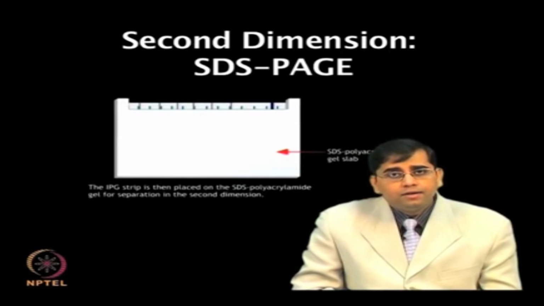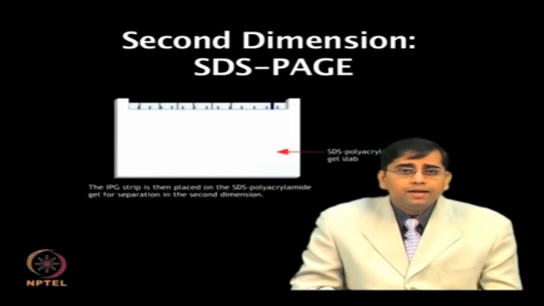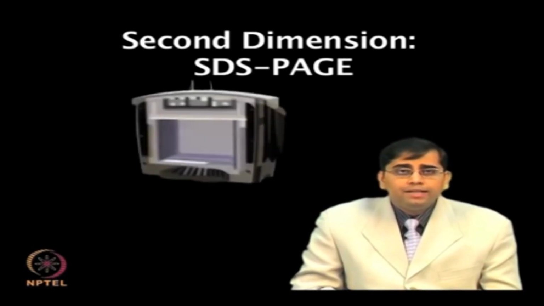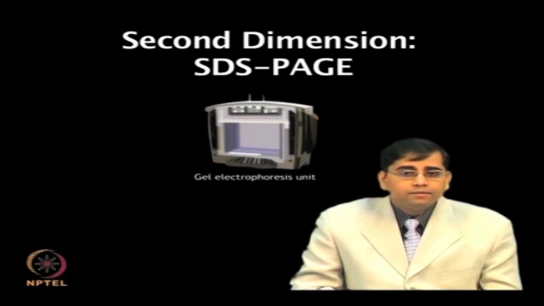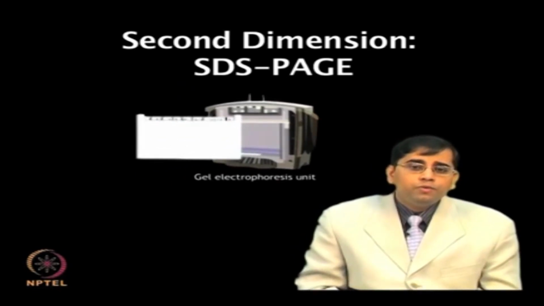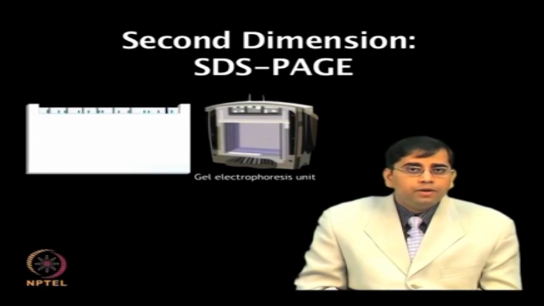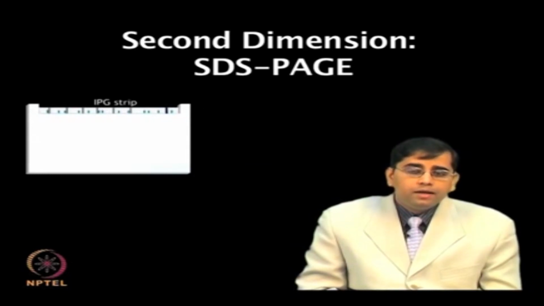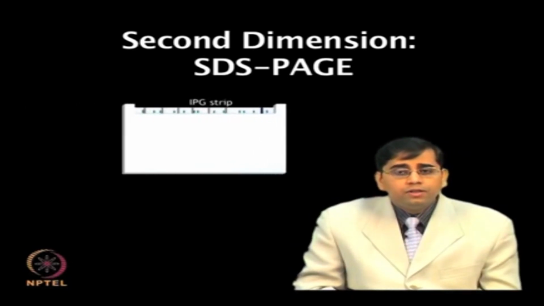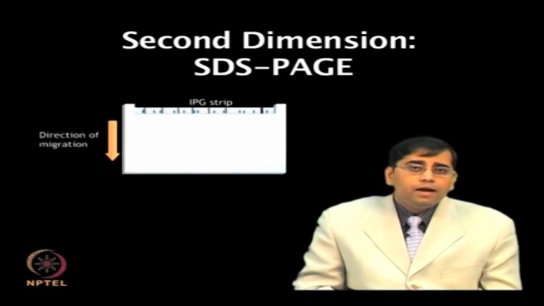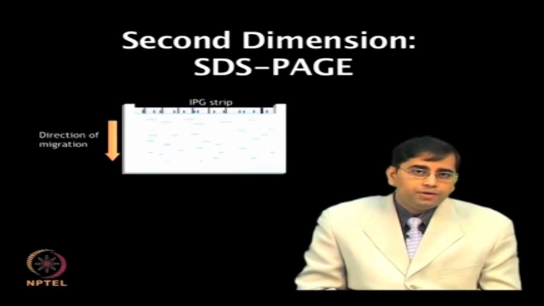On SDS-PAGE gel, proteins get separated on the basis of their molecular weight, with the low molecular weight proteins having high mobility and migrating further through the gel, and the high molecular weight proteins remain close to the point of sample application.